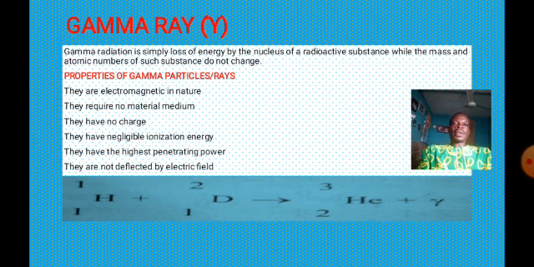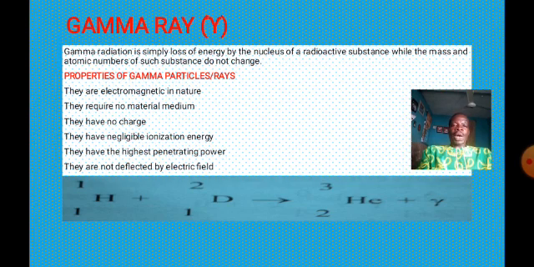So in this case, we look at the properties of gamma particles or gamma rays. 1. They are electromagnetic in nature. 2. They are neither positive nor negative. 3. They require no material medium. 4.